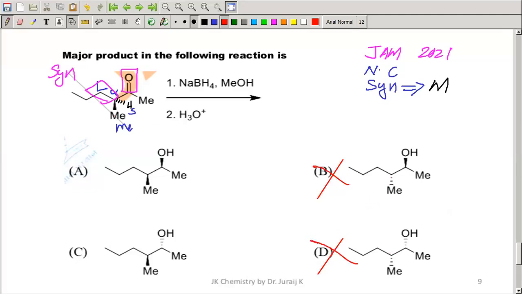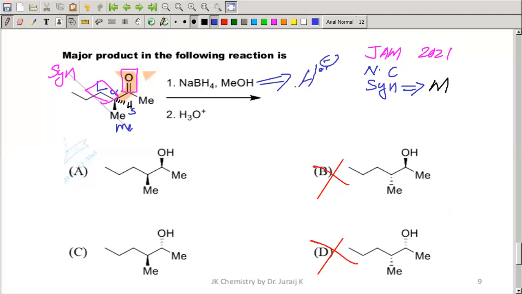Now according to our trick, if there is no chelation, attack will take place from the side of the medium group. Here your medium group is in wedge. So what is your nucleophile here? Your nucleophile is H minus. So H minus will attack via the top face, that is above the plane of paper.